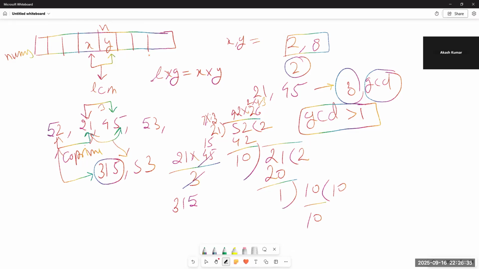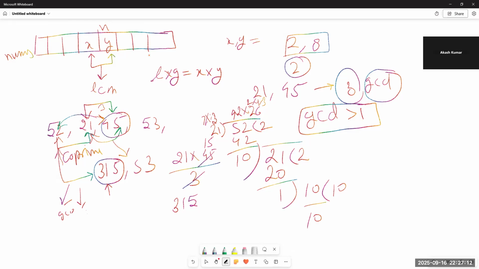It can be possible that the new number is non-coprime with the previous number, so we have to check this newly generated number again with the previous number. If the GCD is greater than 1, we replace them with their LCM.